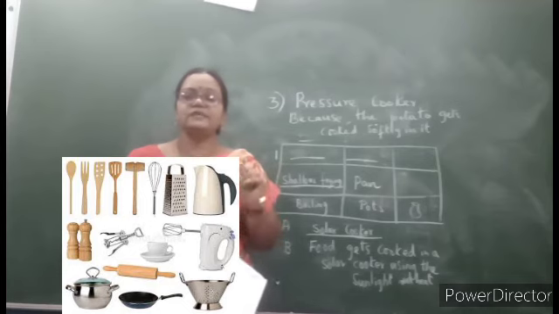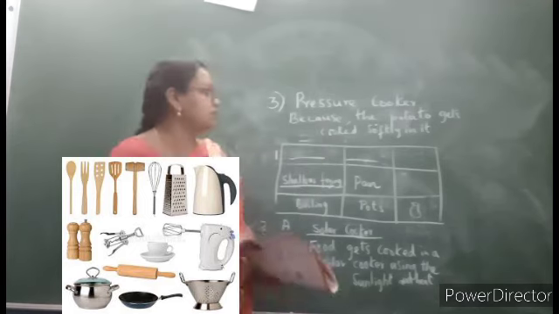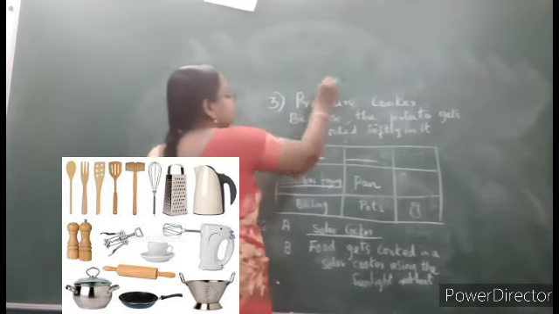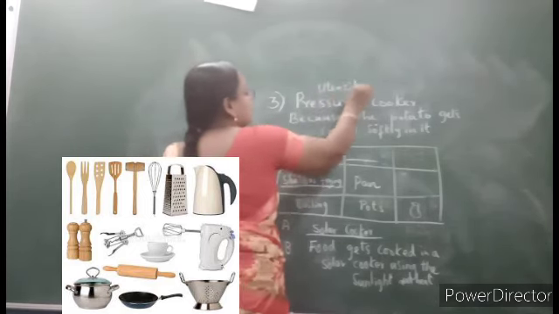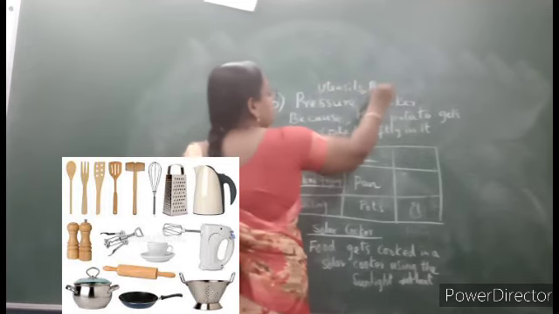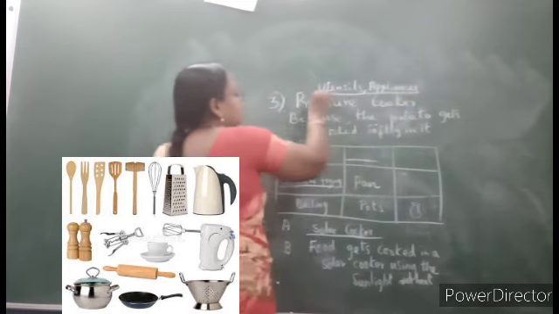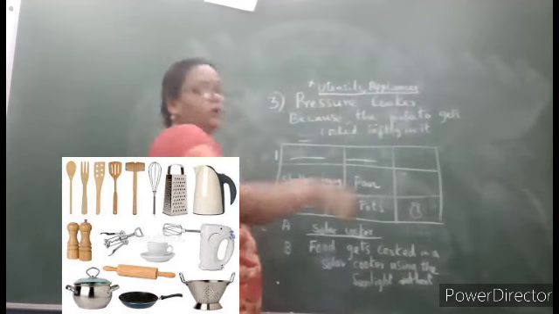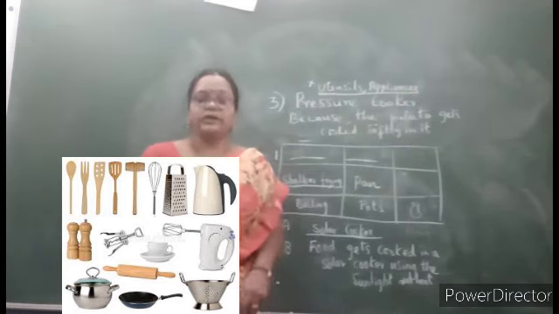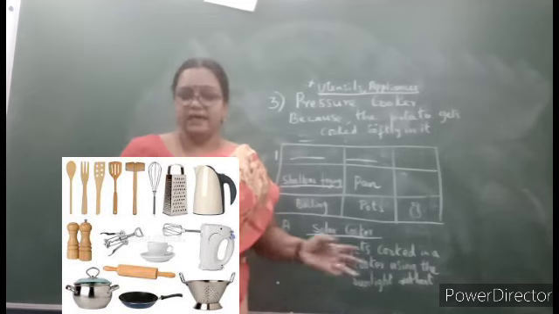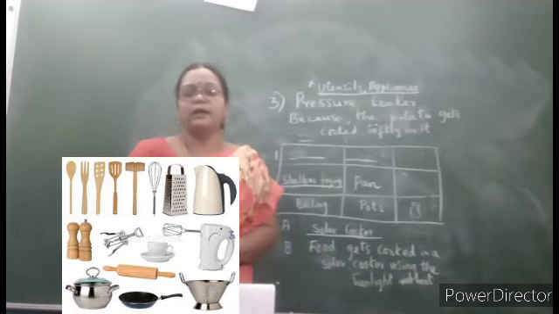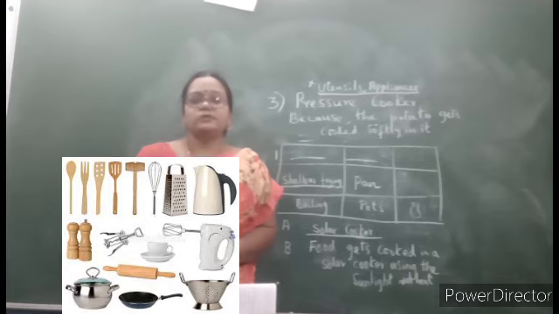So the spellings, the keywords, are utensils and appliances. These 2 spellings you should know, and whatever new words we have here, like sunlight, and many others, you learn them, and be ready for tomorrow's class, children. Let us see in tomorrow's class. Bye bye, children.